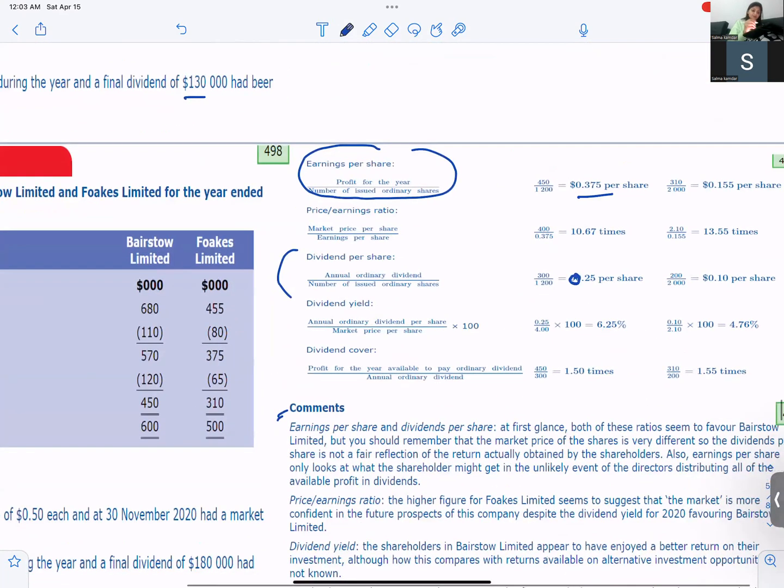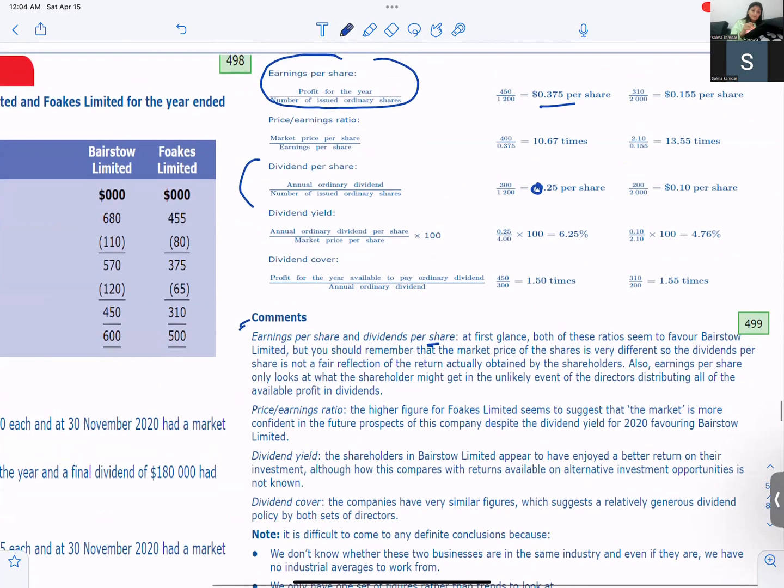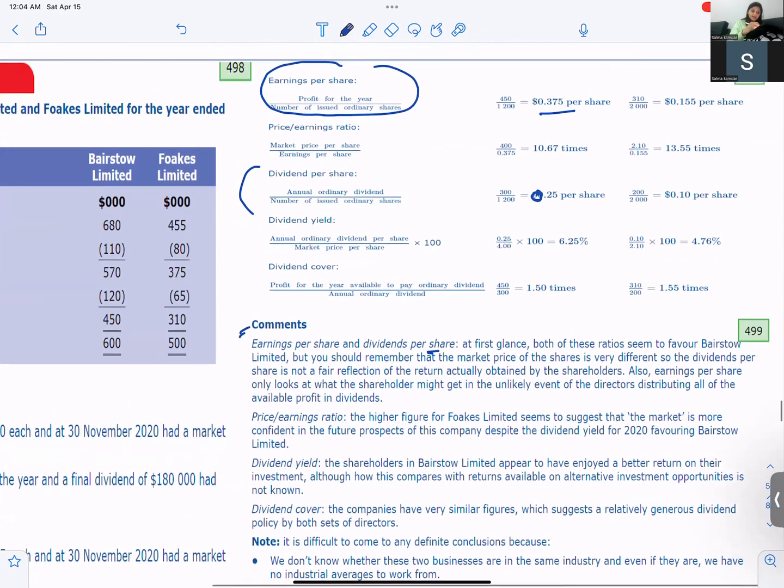So the earning per share and the dividend per share of both of these ratios seem to be very good. Earning per share is also more than Folks, and the dividend per share is also more than Folks. So both of these ratios seem to favor the Bear Stock company.